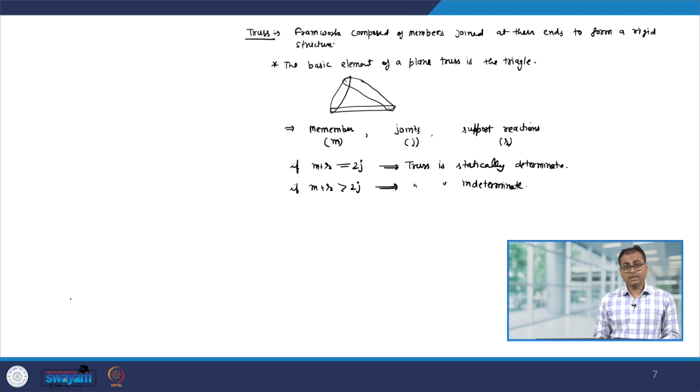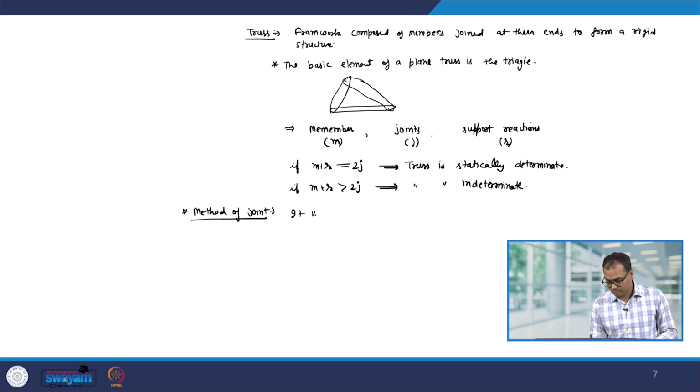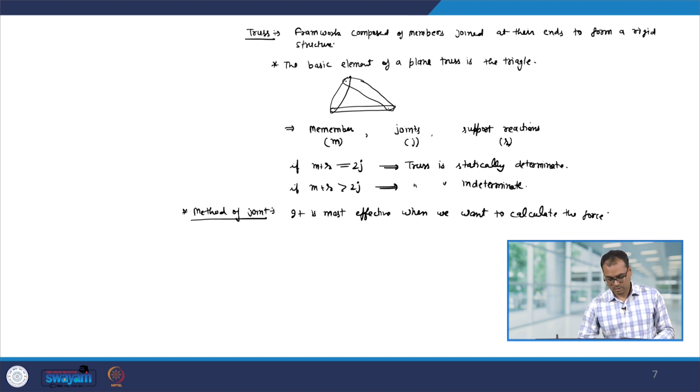Now, there are two methods to find out the forces in the truss. So, one is the method of joints, okay, and this method is more effective when you want to find out the force in all the members. Okay. When we want to calculate the force in all members of the truss.